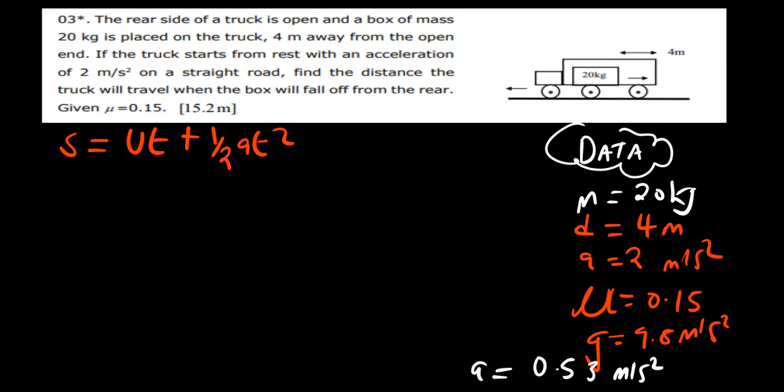Okay, so what am I going to find as my time? We've been given a distance that it is going to move. We are saying it is 4 meters. So 4 meters is equal to, since this object started from rest, and the truck starts from rest with an acceleration, our u will be 0, multiplied by the t, so this whole expression will give us 0, then half acceleration.